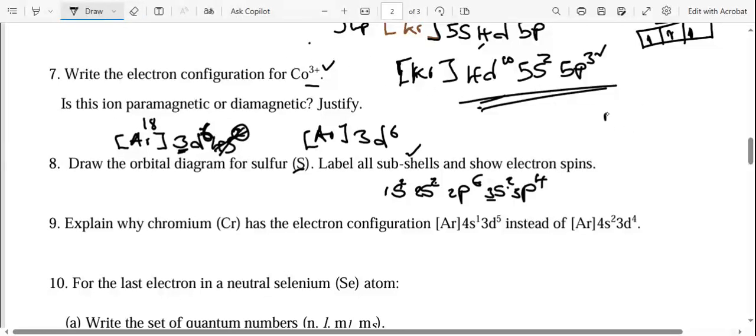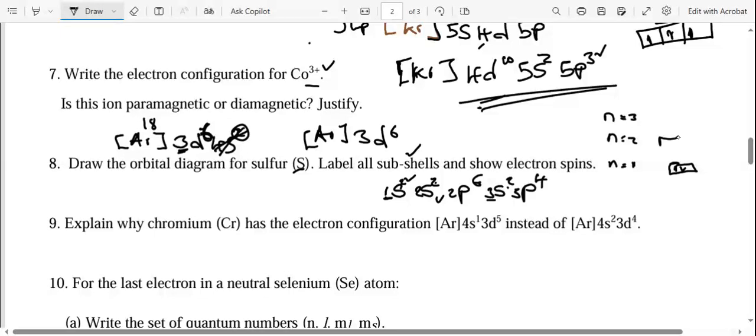So we are saying n equals 3, n equals 2, n equals 1. I'll look at what is in the first one as n. I only have 1s. So I'll write the orbital of 1s like that with 2 electrons filled because it is filled there.